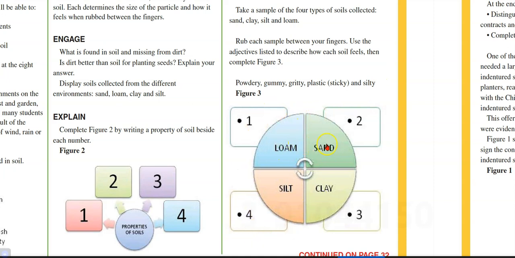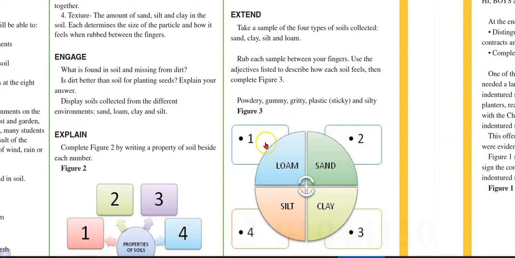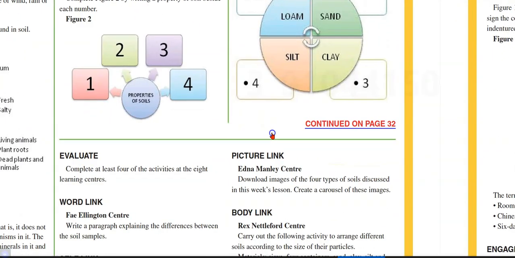So we have loam, sand, silt, and clay. How would we describe those? Which one would be powdery? I guess sand. Gummy, sticky. Gritty, that feels like sand. Plastic, clay or sticky. Silty, that would go with silt.